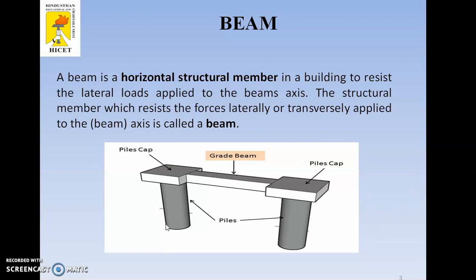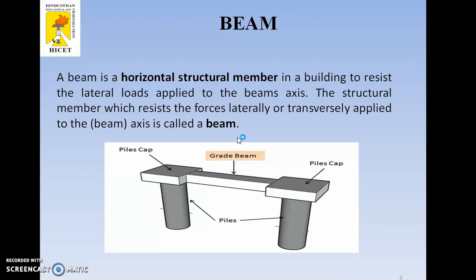In this diagram, these two are the piles or pillars or vertical columns, and this is the beam. At the end of the vertical columns, the beam is fixed on both sides.